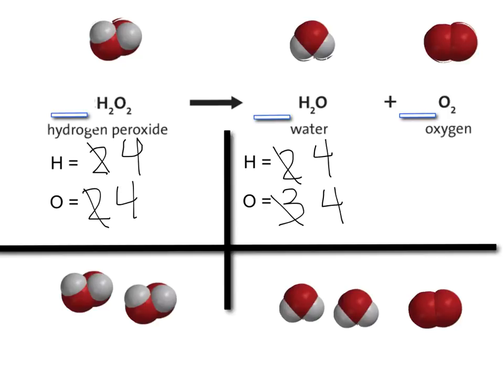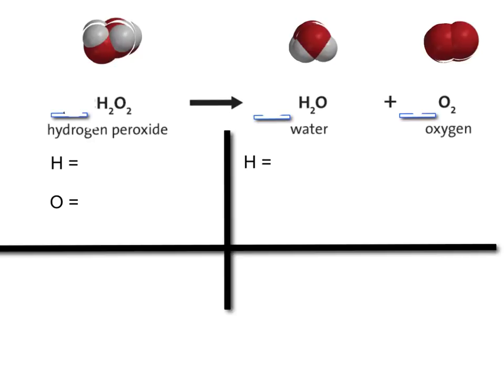So now our equation is balanced, and we can add in our coefficients. So we have 2 H2O2 molecules. We have 2 H2O molecules. And we have 1 O2 molecule.